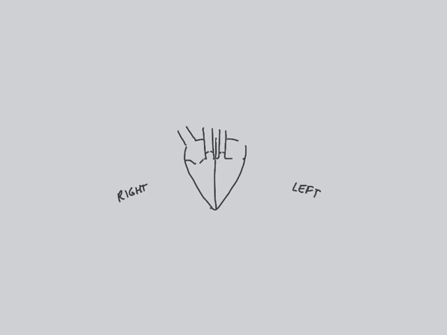Valves, more valves, and there we go, and we can draw in that this side is nice and thick. And a thin little muscular layer here for the right side. Okay, so there's my diagram of the heart.